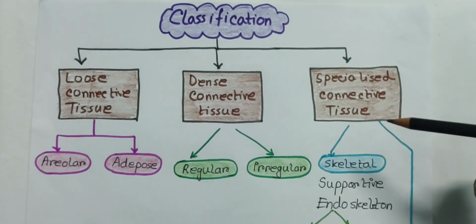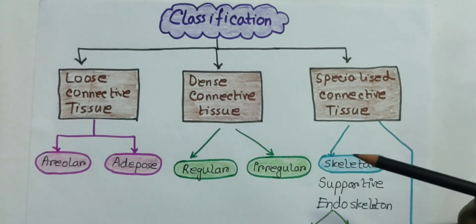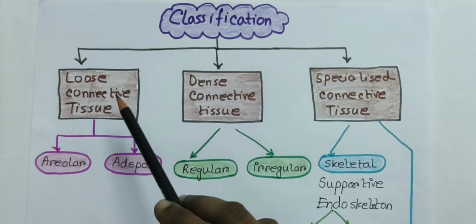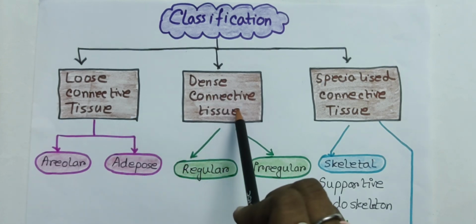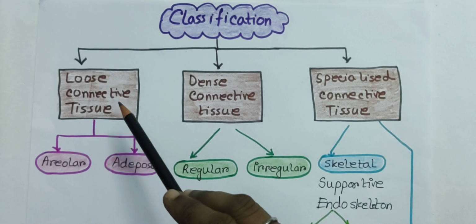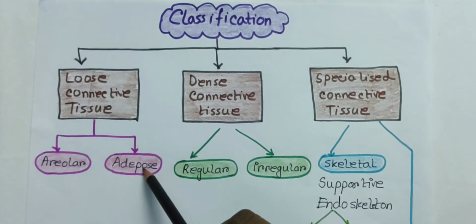Now we come to classification. What are the different types of connective tissues? Mainly three types of connective tissues are there: loose connective tissue, dense connective tissue, and specialized connective tissue. Loose connective tissue is further divided into areolar and adipose tissue.